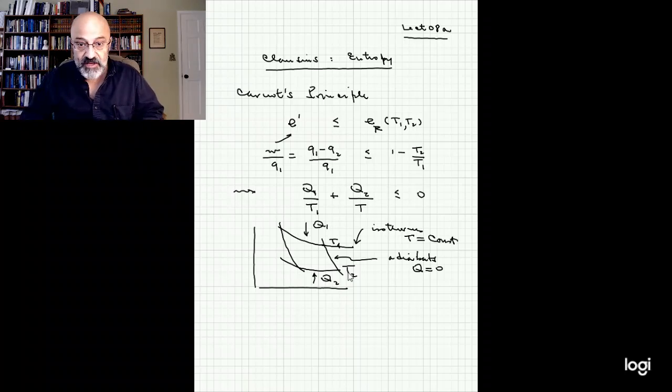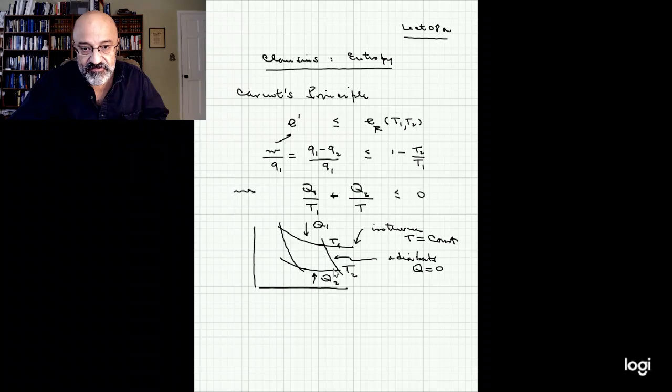Very good. If you follow this path reversibly, then you get the equal sign. Because if the path is reversible, then E prime is also 1 minus T2 over T1, right? So you get the equality.